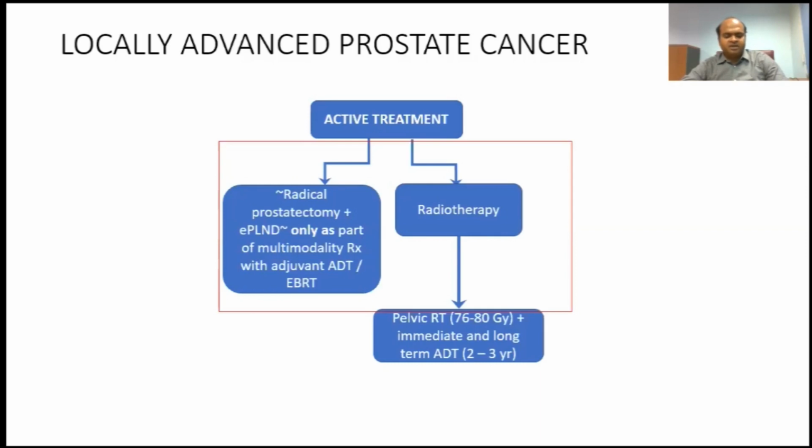However, with a better understanding of the surgical anatomy and availability of the robot, now people are doing radical prostatectomy in the setting of locally advanced prostate cancer. But you have to understand, and patients should understand, that here radical prostatectomy is a part of multimodal treatment. That means you do radical prostatectomy, and subsequently the patient may require adjuvant hormonal therapy plus or minus radiotherapy.